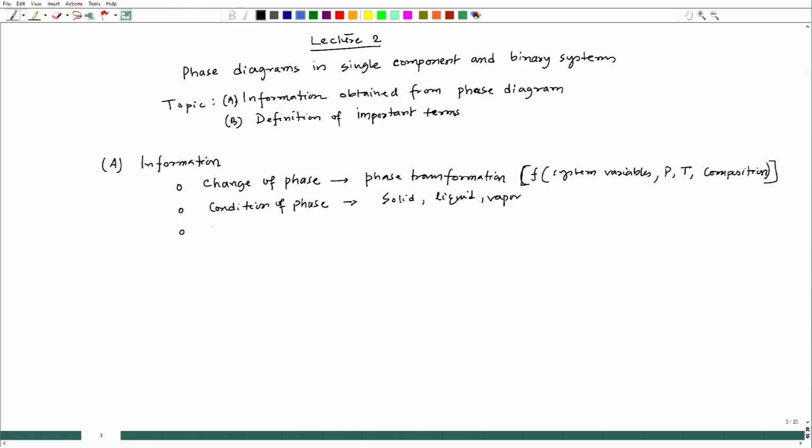So, then we can get composition of a phase. For a single component system, composition does not come into picture, but for a multi-component system, composition has to be mentioned, otherwise we cannot reach a point in a phase diagram.